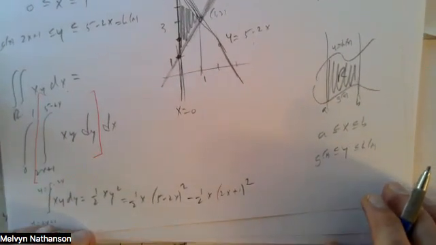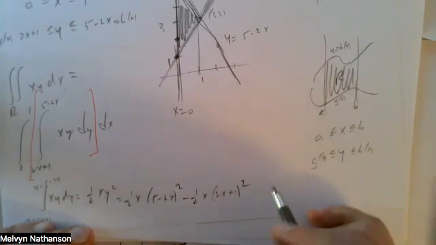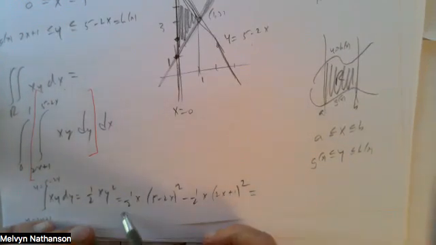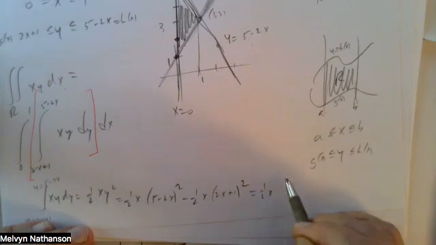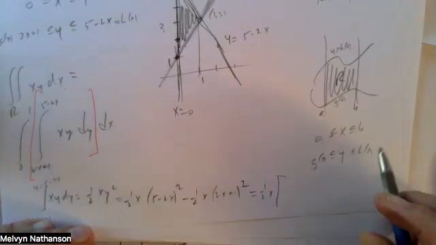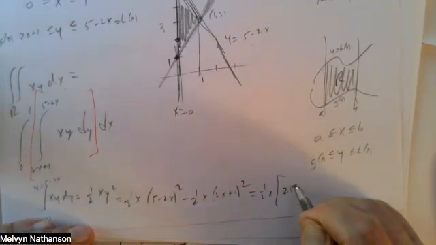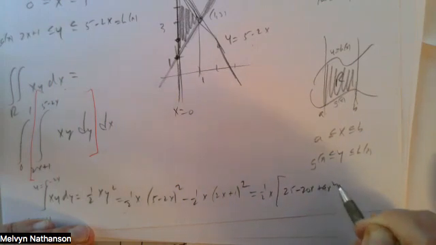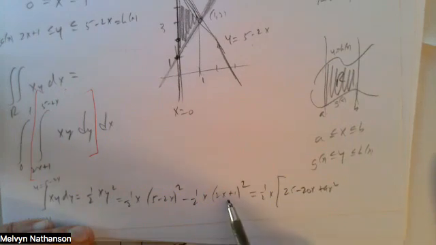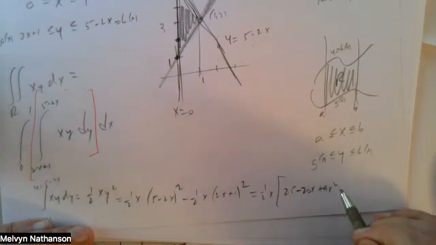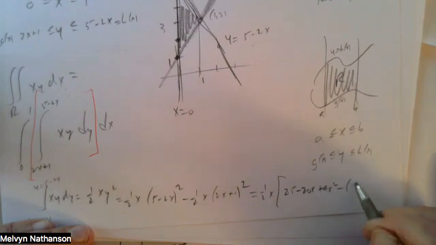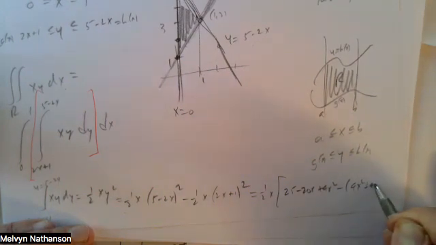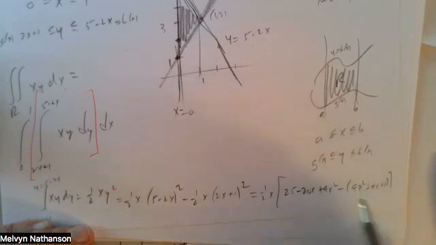So I need to do a little bit of high school algebra to simplify this. I have 1/2 x, which I can factor out. (5 minus 2x) squared is 25 minus 20x plus 4x squared, minus (2x plus 1) squared, so this is minus 4x squared plus 4x plus 1.